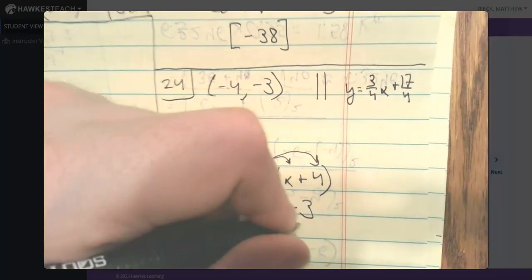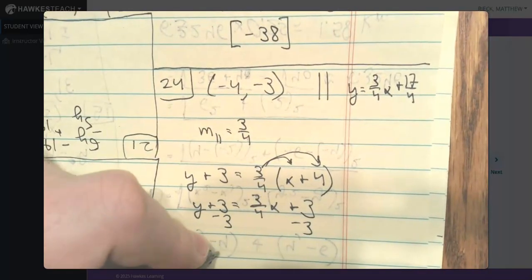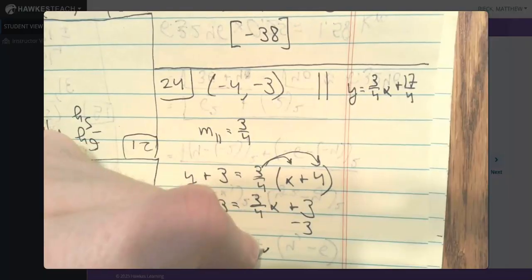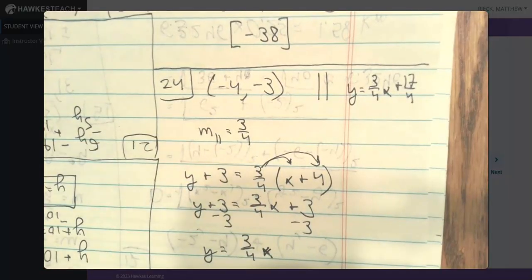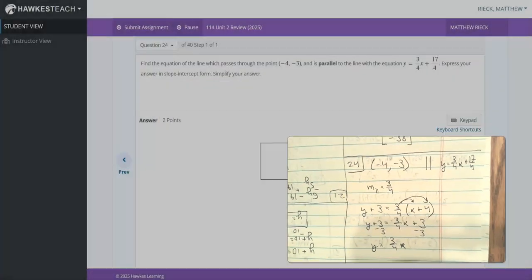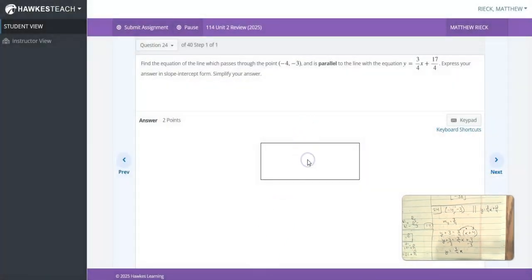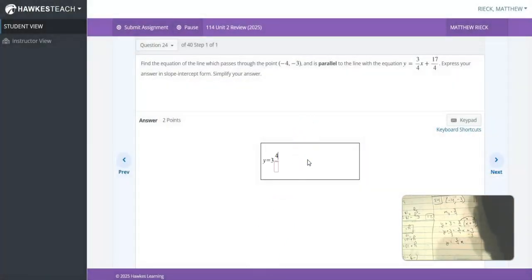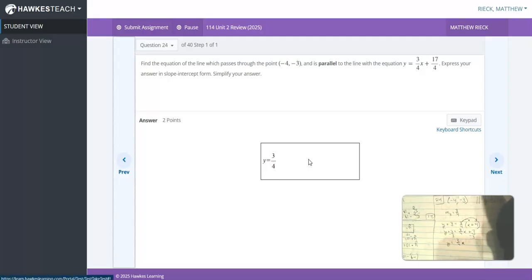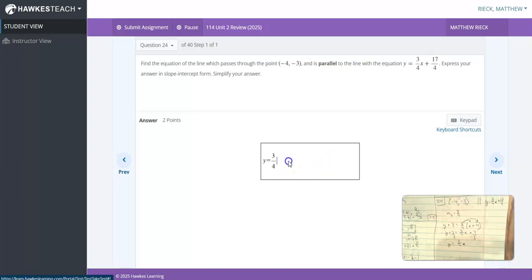So we're going to subtract a 3 from each side. So you end up with y equals 3/4 x. Technically plus 0, but we don't need to include that plus 0.